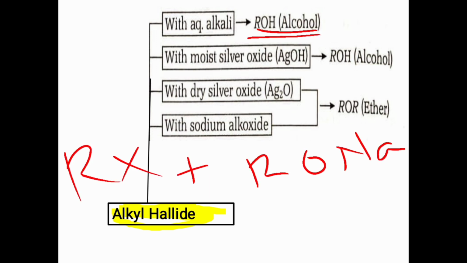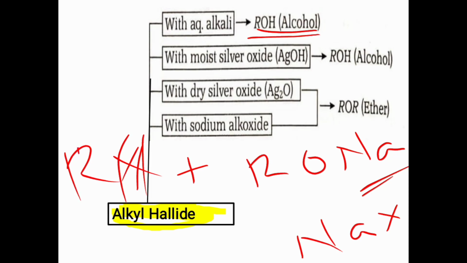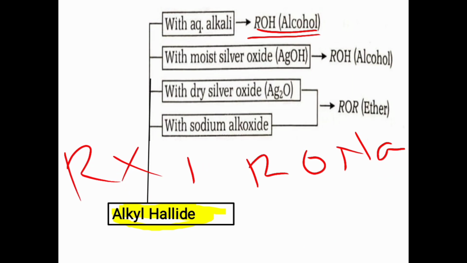Na will go with X, so NaX is one of the products formed. Then this R will join the other, resulting in ROR. The product formed is ether. That is, the preparation of ether is also mentioned here. Ether can also be prepared with the help of alkyl halide.